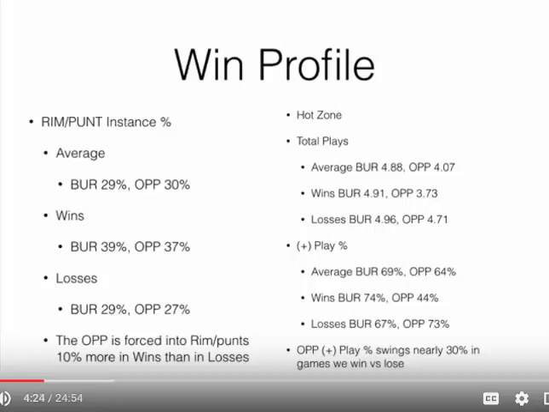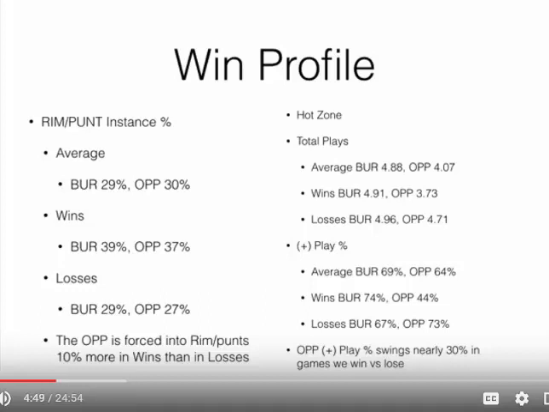In the hot zone, for total plays we have an average of 4.88, which is pretty good. The opponent is at 4.07. When we win, we're up almost 5, and the opponent is at 3 3/4. And when we lose, we're under 5. We're around the same, but our opponent jumps up a full play.